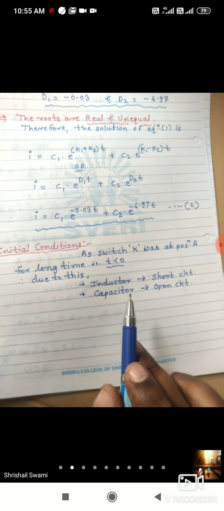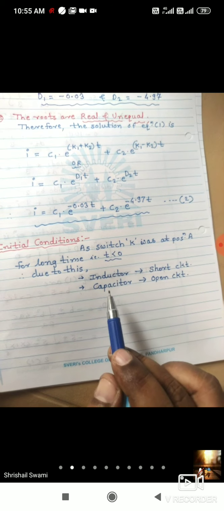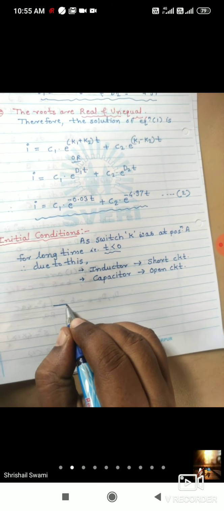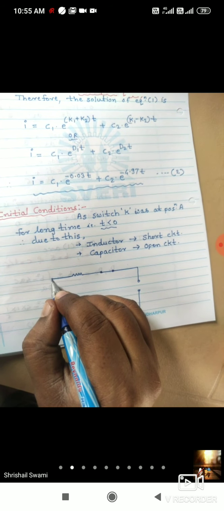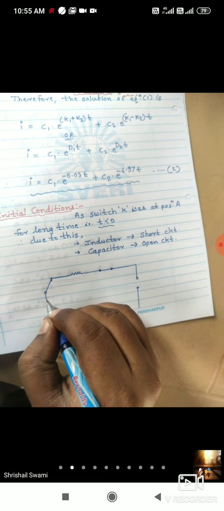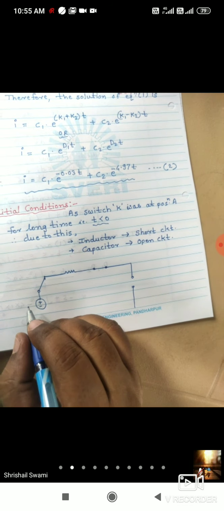For the time being, you can understand that when switch K was at position A for a long time, the inductor will act as a short circuit and the capacitor will act as an open circuit. I will draw that circuit so that you can understand the concept and easily find out the values of initial parameters. At position A the supply was 25 volt.